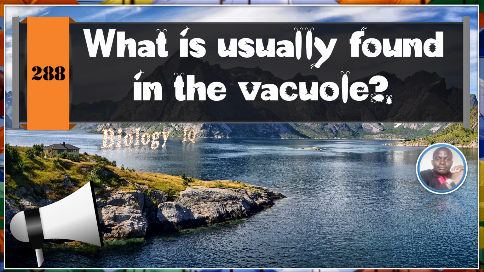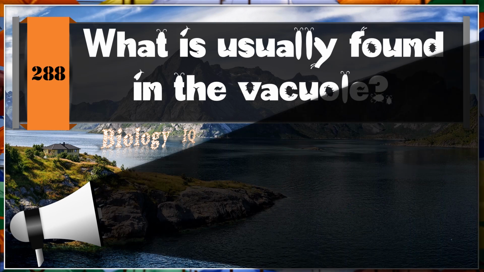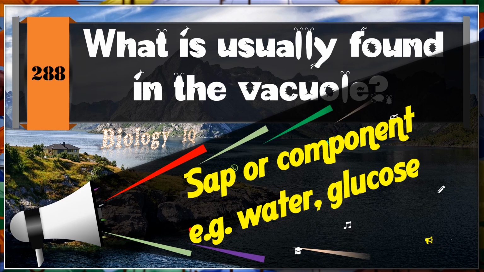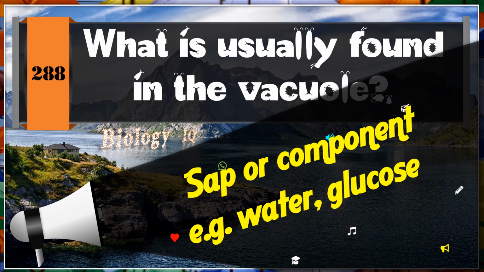What is usually found in the vacuole? Sap or components, for example, water, glucose, and many others.